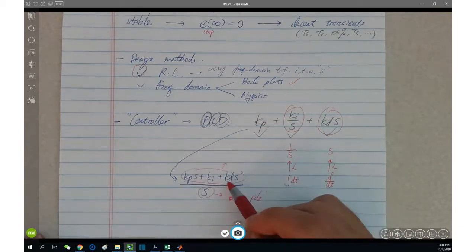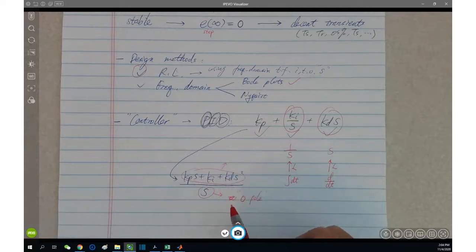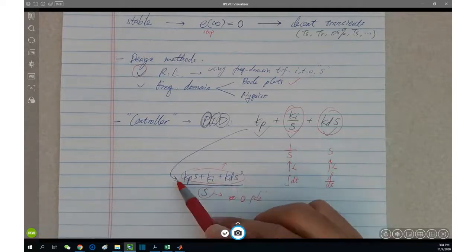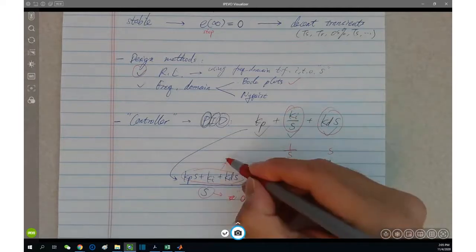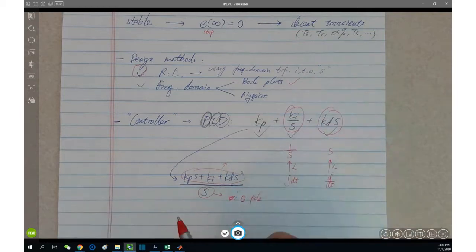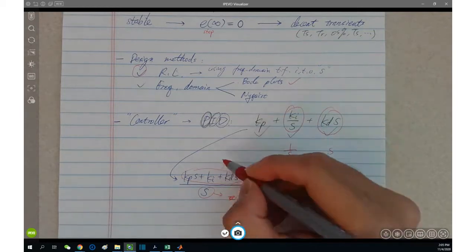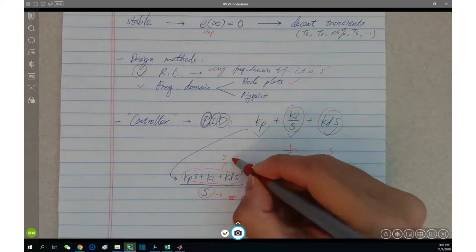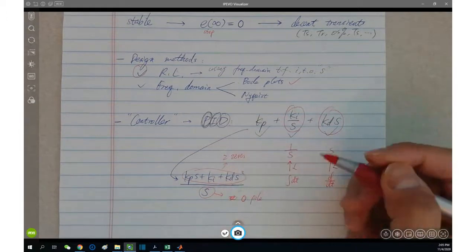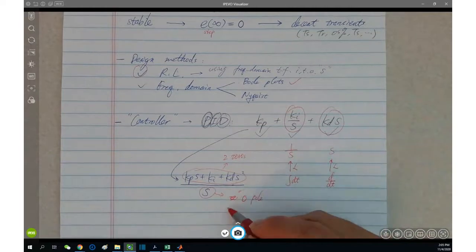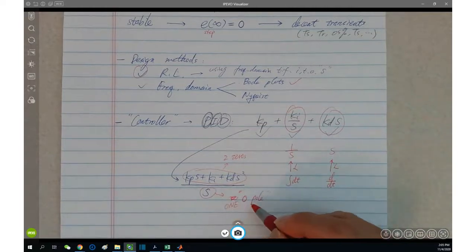Anyone? This means anything to you? The numerator? Two zeros. How many zeros? 2. Here, don't take me wrong, this is one pole with a value of 0.